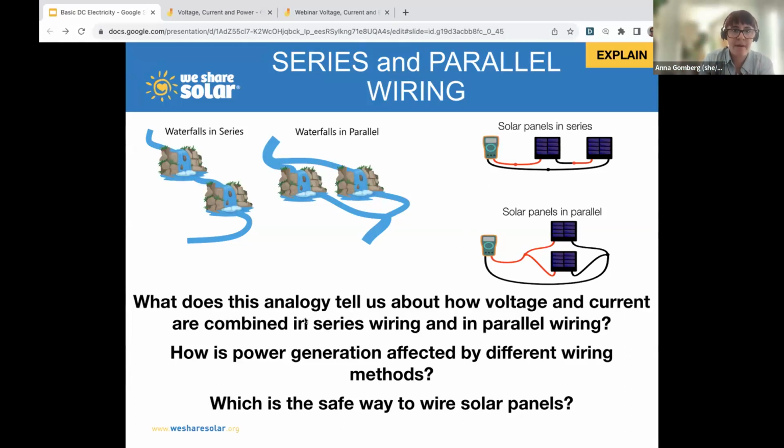What about power? How do these two methods of wiring affect power generation? Wouldn't the power be the same?